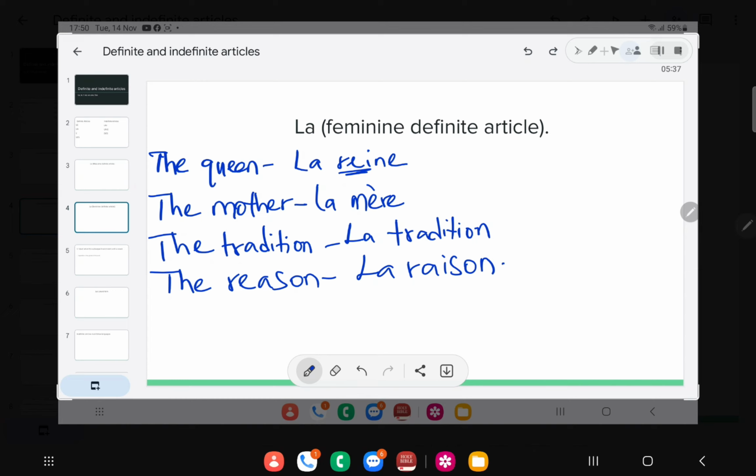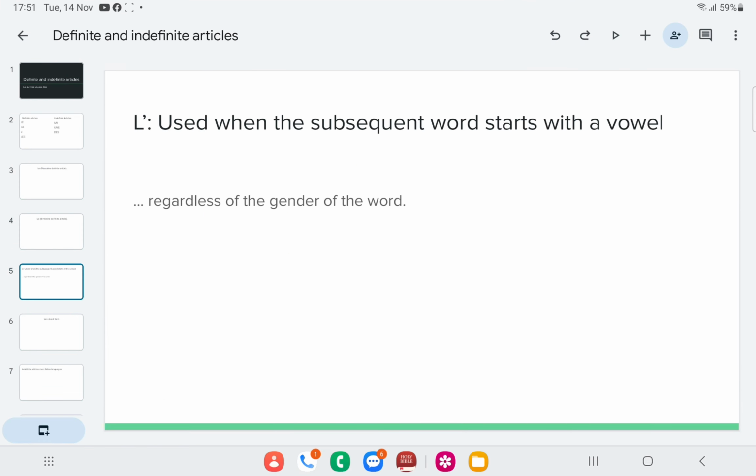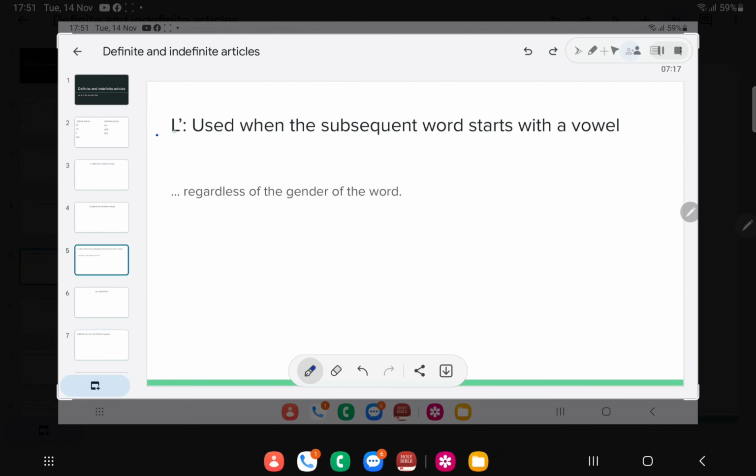We'll be moving on to other definite article forms. L apostrophe. This is used when the subsequent word starts with a vowel.